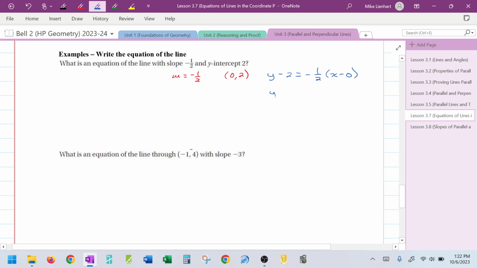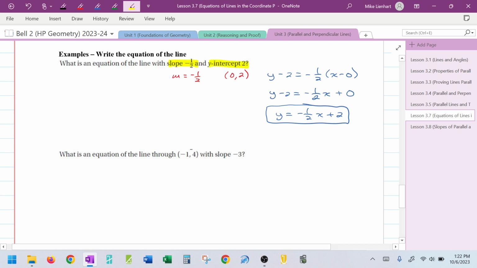I distribute: y minus 2 equals negative 1/2 x plus 0. I don't really have to write that plus 0. And then move the 2 by addition. I get y equals negative 1/2 x plus 2. And that is the equation that meets this criteria.